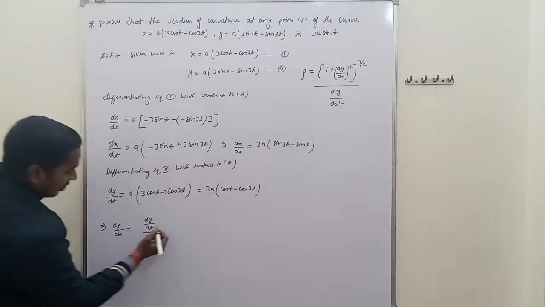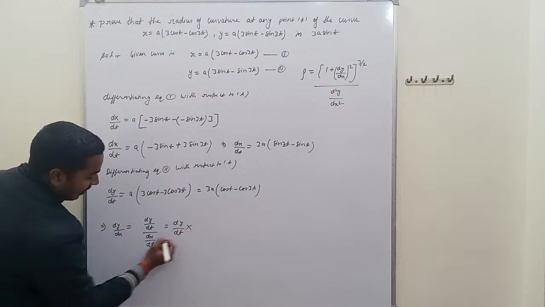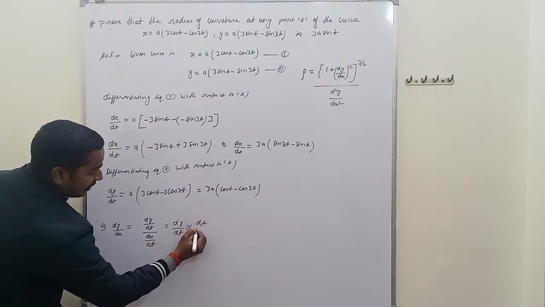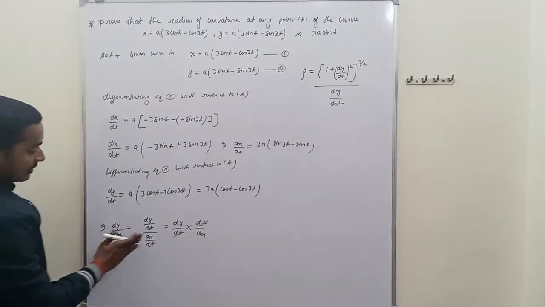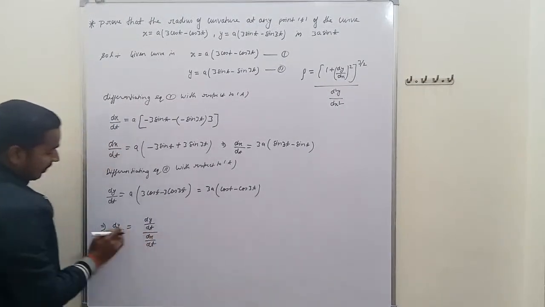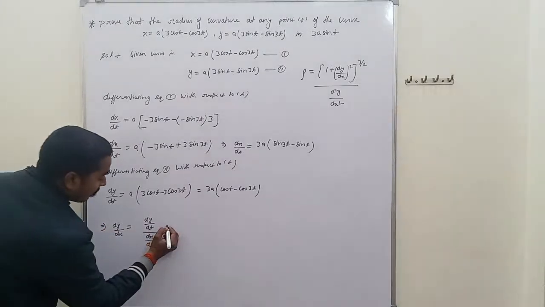When we write this, dy/dt times dt/dx, the dt cancels out and we get dy/dx. So dy/dx is dy/dt upon dx/dt, and we have to put the values here.